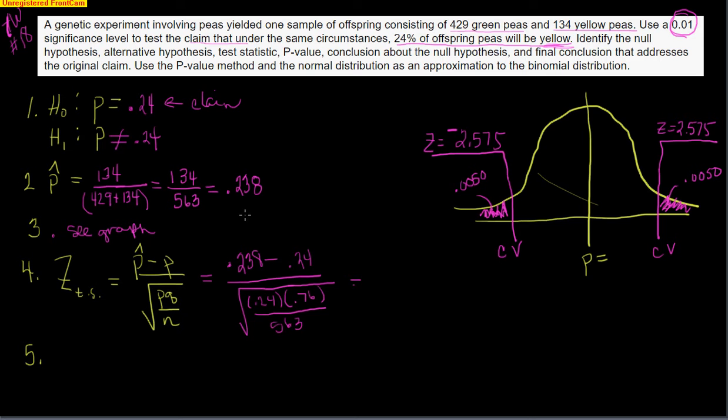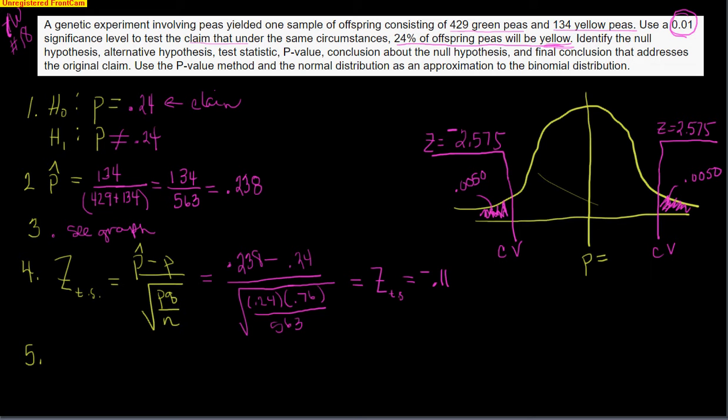And if you go to your calculator and crunch those numbers, you should get a z-score for your test statistic of negative 0.11.